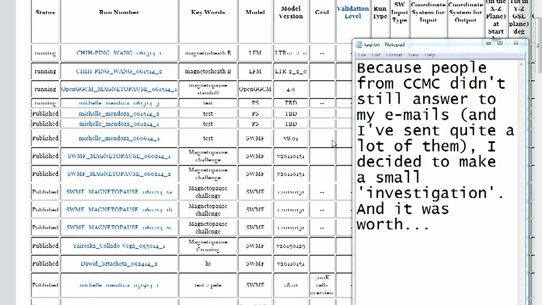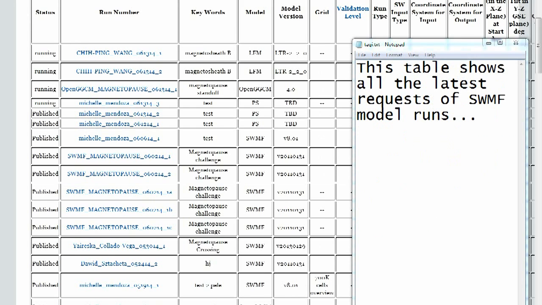Because people from CCMC didn't still answer to my emails, and I've sent quite a lot of them, I've decided to make a small investigation, and it was worth it. This table shows all the latest requests of SWMF model runs.